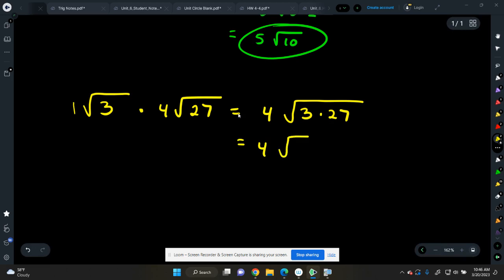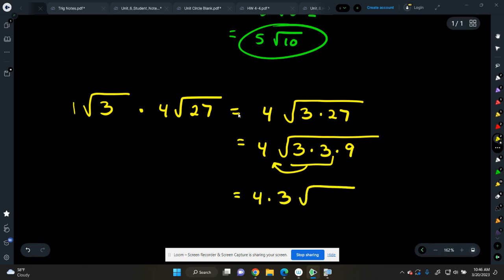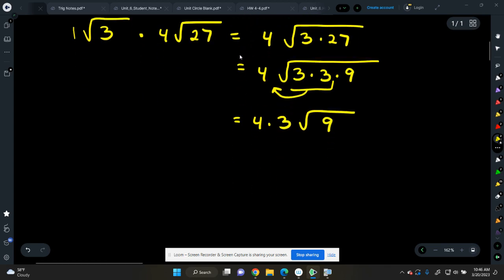So we've got 27, so that's going to be 3 times 9. Okay. We're going to take these 3's out. So now I've got 4 times 3 square root of 9. So now we're going to take the square root of 9, which is what? 3.